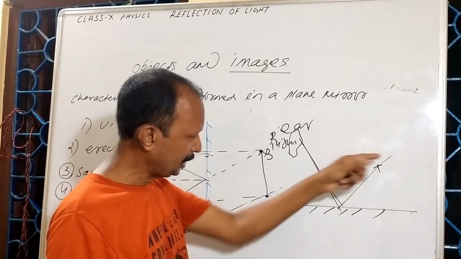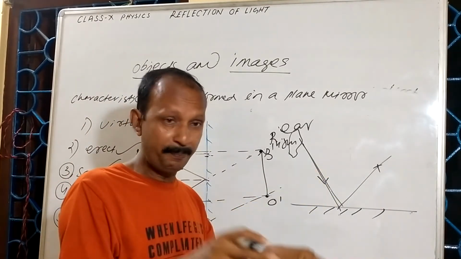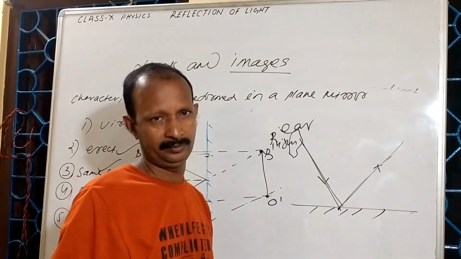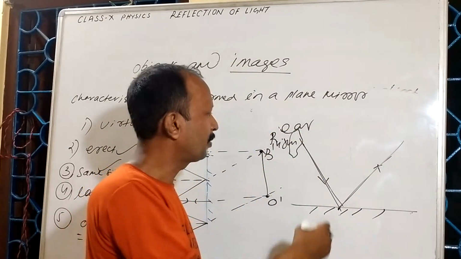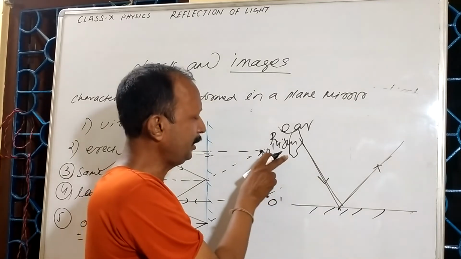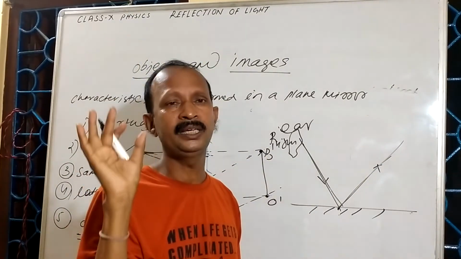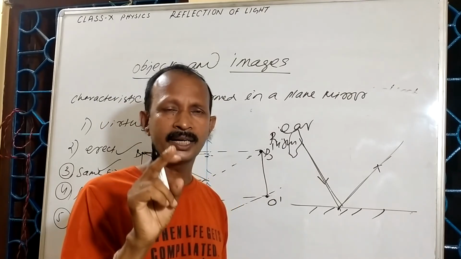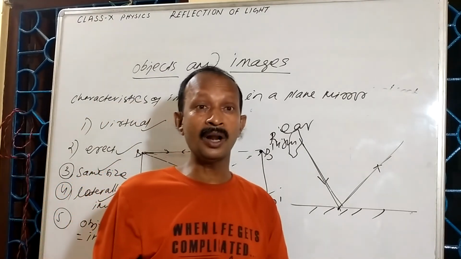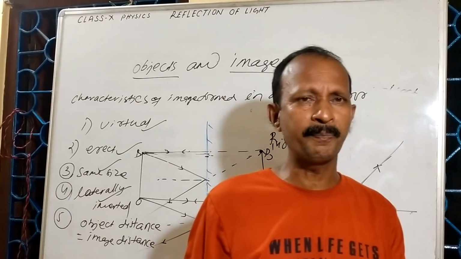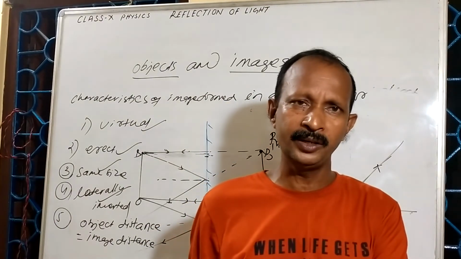So for your eye, it will appear as coming from this side, not from the left, but from the right. Or if it is the right ear, for you it will look like a left ear. That is due to lateral inversion. Left appears right, right appears left.